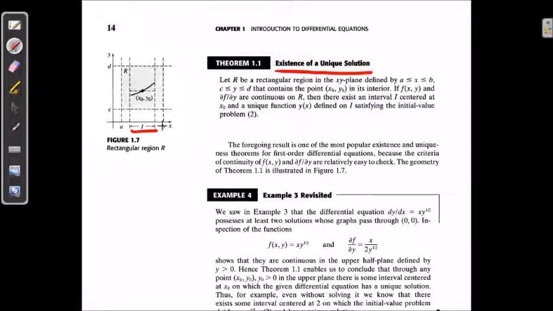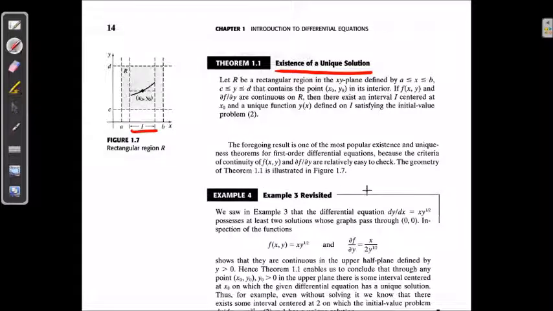Let me repeat that if R is a rectangular region centered at the point (x0, y0) defined by the closed intervals a to b and c to d, and if the function f and ∂f/∂y are continuous on R, then we can define an interval I on this region, and on that interval the initial value problem has a unique solution.